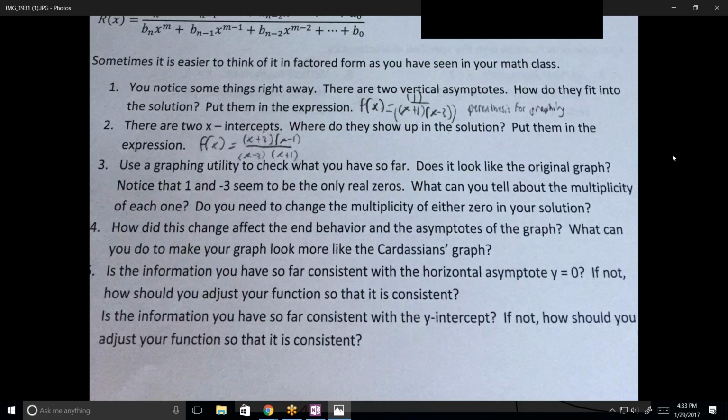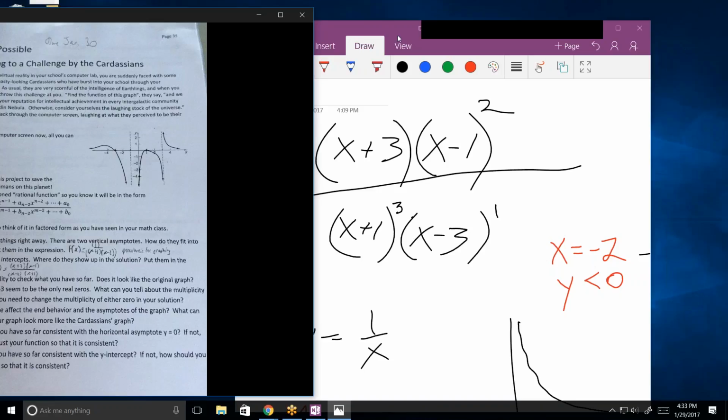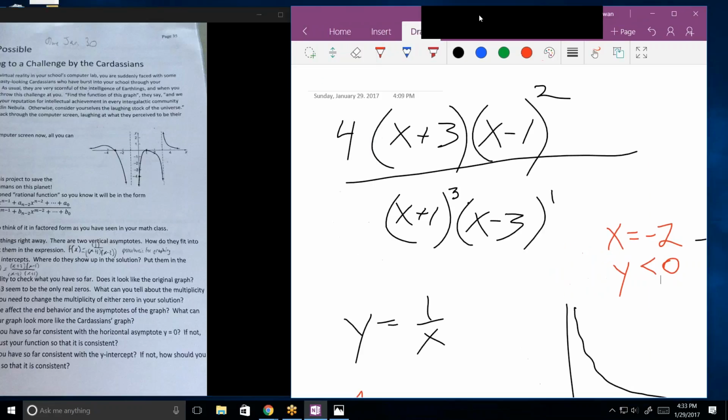Yes. If not, how should you adjust your function? We did that. Is the information consistent with the y-intercept? If not, do that. Well, that's all it gives me. Yeah, they didn't really help.